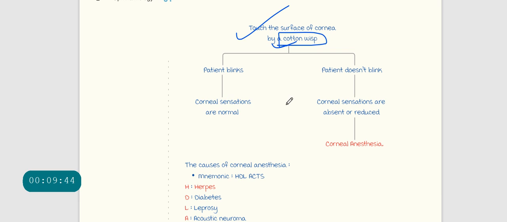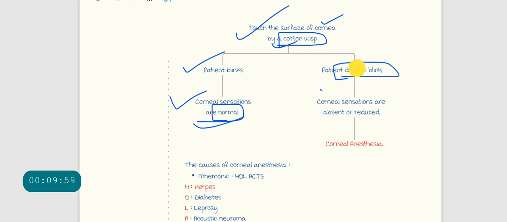If the patient blinks, then the corneal sensitivity is normal. If the patient doesn't blink after the touching of the cotton wisp, then the corneal sensitivity is absent or reduced, or negligible, and this is called corneal anesthesia.